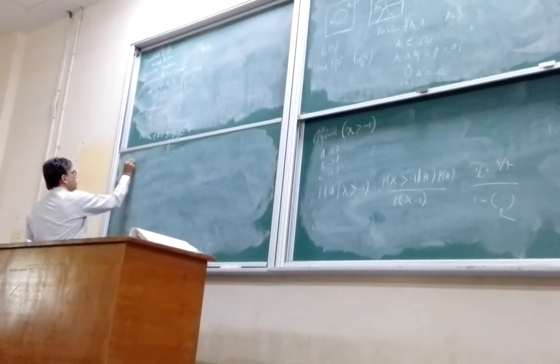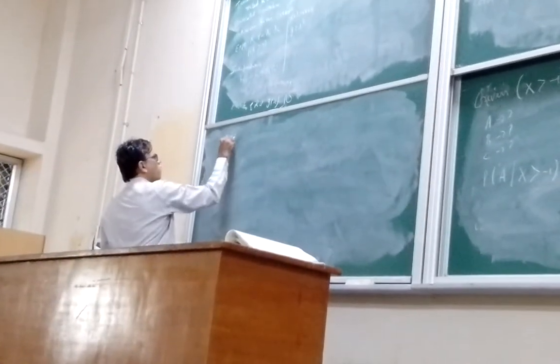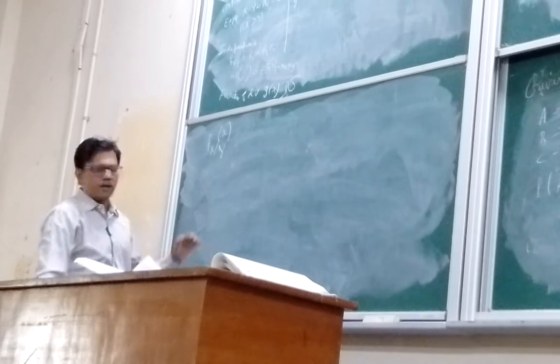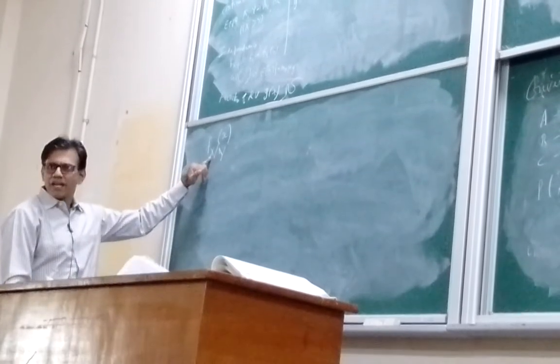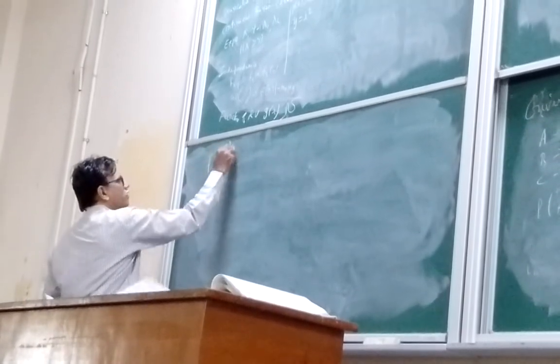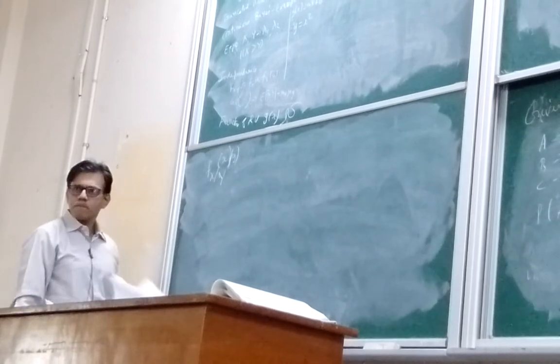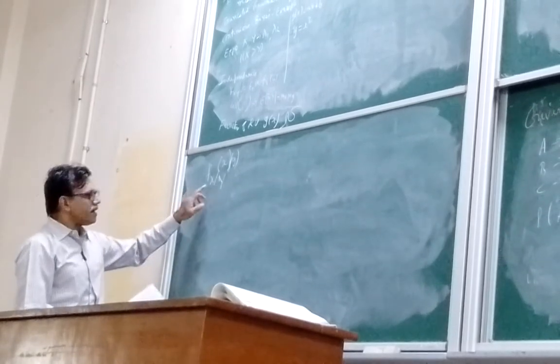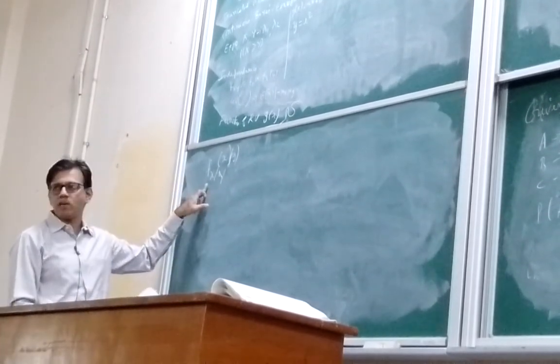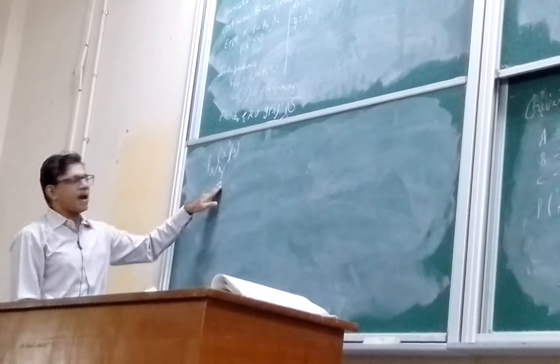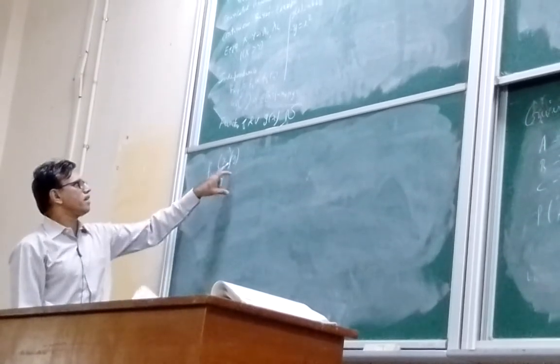Then we said that f(x|y) of x is the conditional density function of x given y, as we are writing it like this. What this means is the conditional density function of the random variable x given the random variable y taking the value small y.